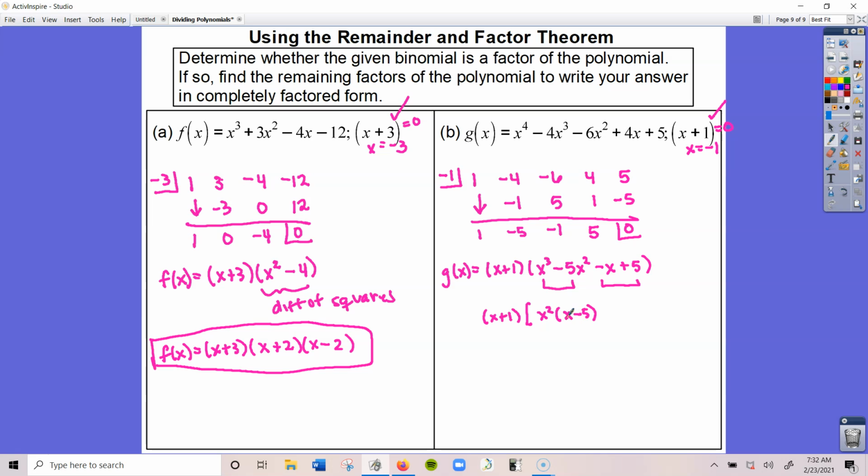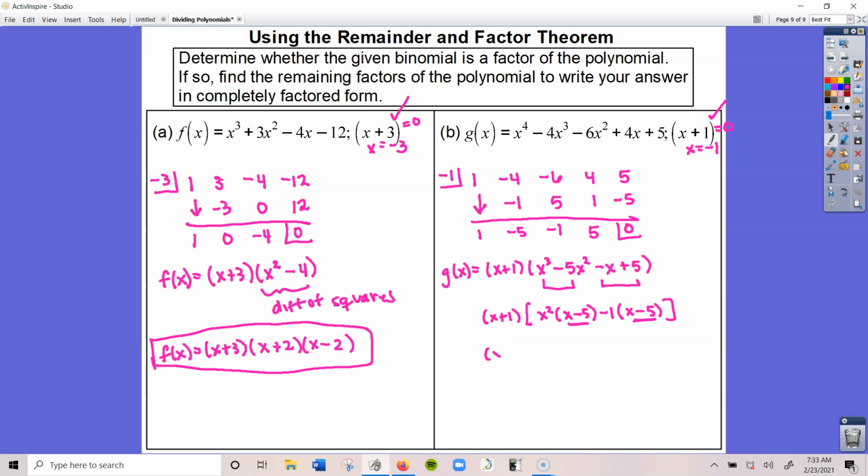We want it to be positive x minus 5. So here we have negative x plus 5. Those signs switched. So what we're going to factor out is a negative 1 to switch those signs, which would give me positive x minus 5. Now what I have here inside the parentheses is the same. So we're ready to continue.